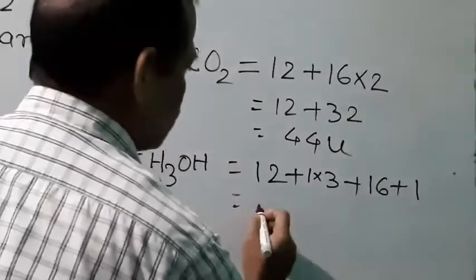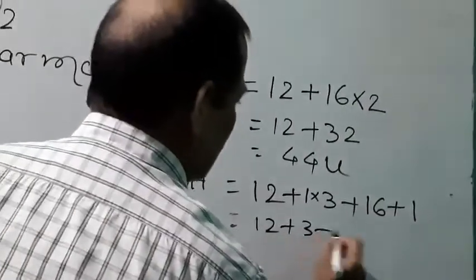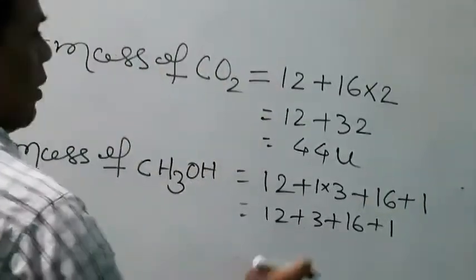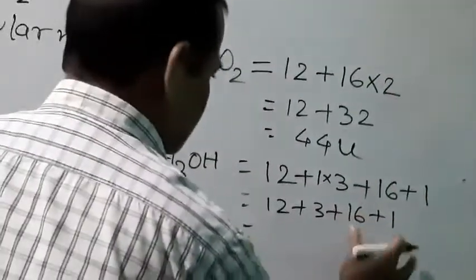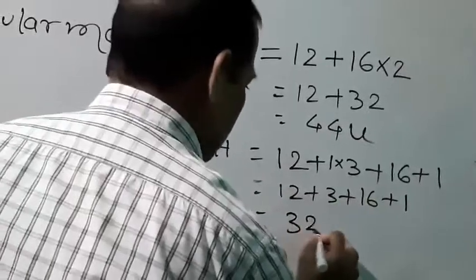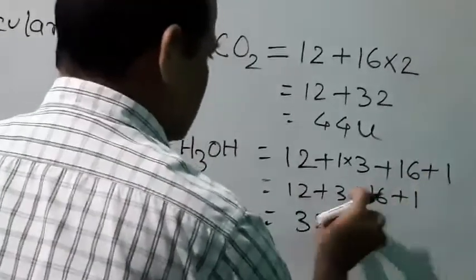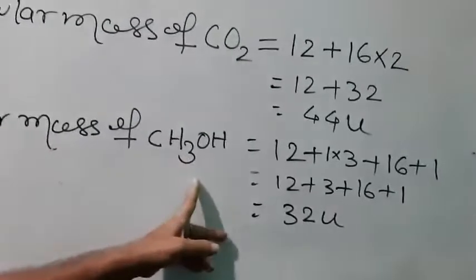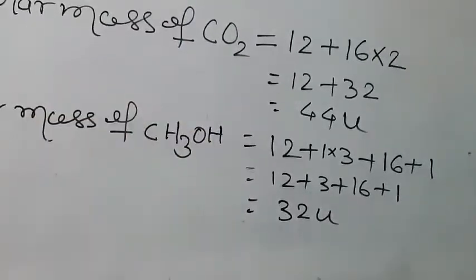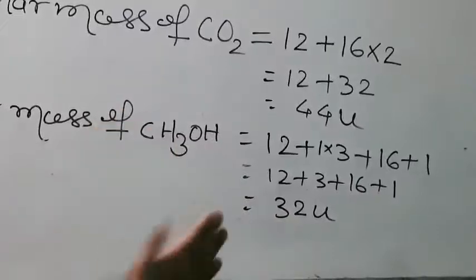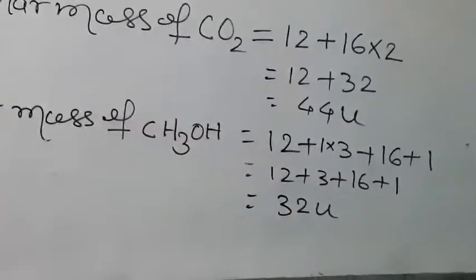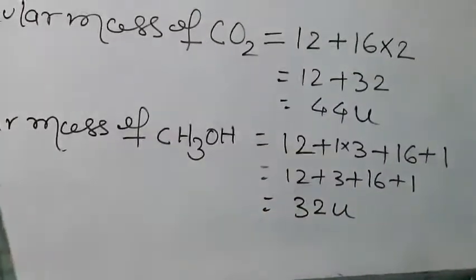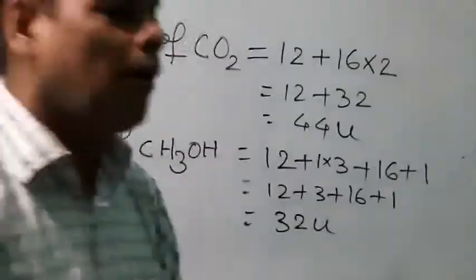Now 12 plus 3 plus 16 plus 1 is 32. So the molecular mass of CH3OH is 32 and the relative molecular mass of CH3OH is 32 u. This is the way to calculate the molecular mass.